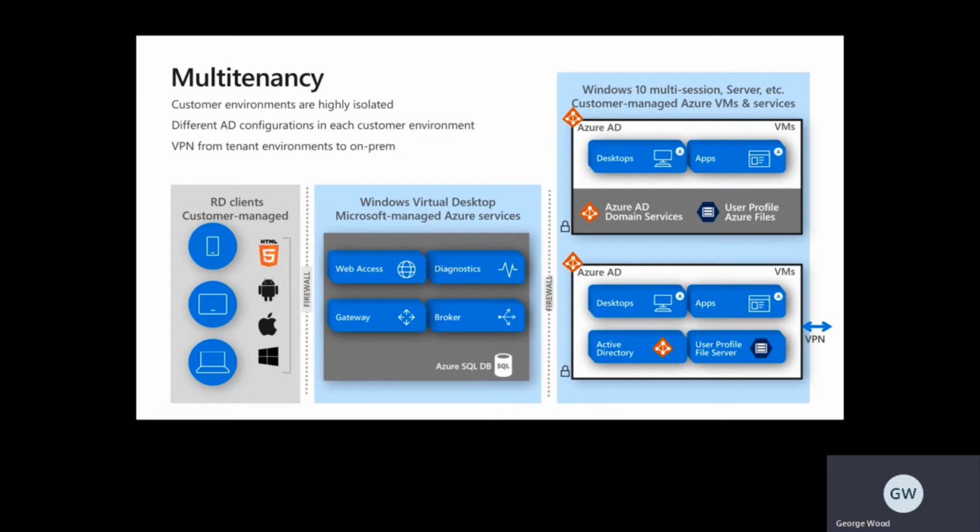One thing also to note is that you can have VPN connections or an ExpressRoute connection to your existing infrastructure. So if you've got any line of business applications that you need to access, you can absolutely still access those resources by configuring that VPN connection.